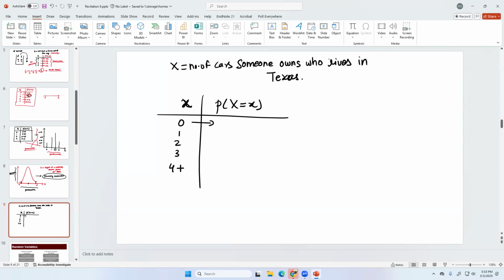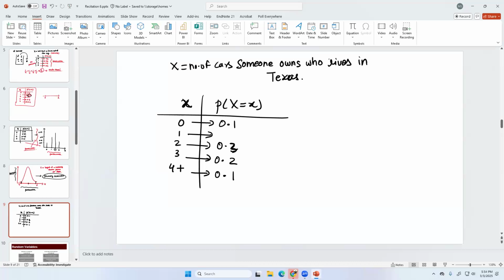Let's say the probabilities for this are 0.1, 0.2, 0.3, 0.2, 0.1. Let's say these are the probability distributions I give you, okay? Having no car has a very low probability of 0.1. Having 4 plus cars also has a very low probability of 0.1.